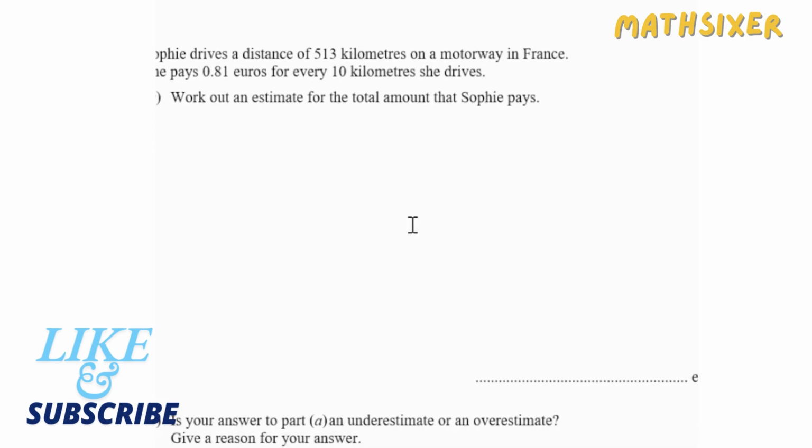So this is question number 5. It says Sophie drives a distance of 513 kilometers on a motorway in France. She pays 0.81 euros for every 10 kilometers she drives. So work out an estimate for the total amount Sophie pays.